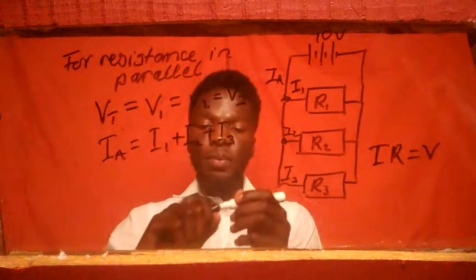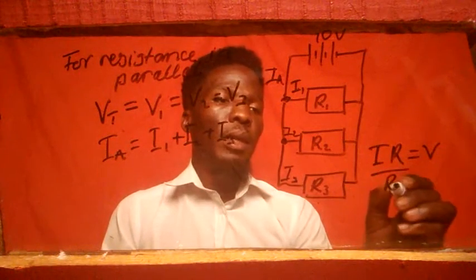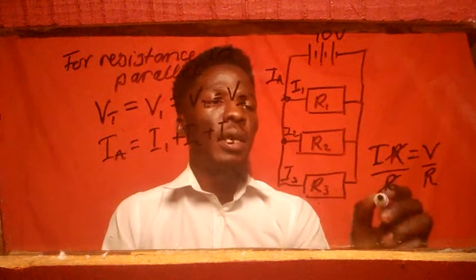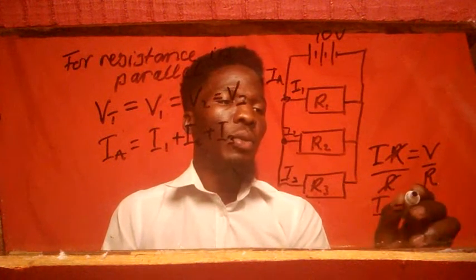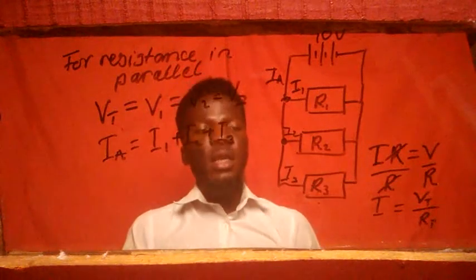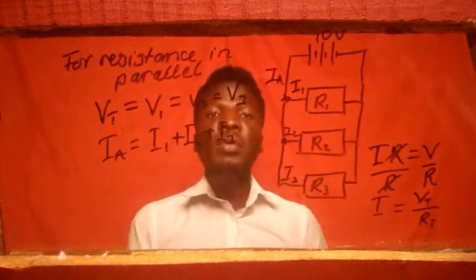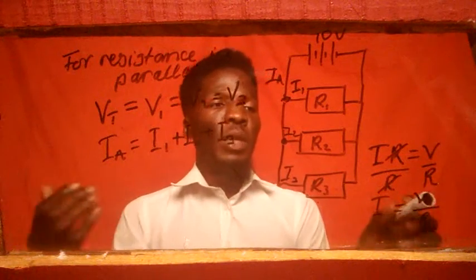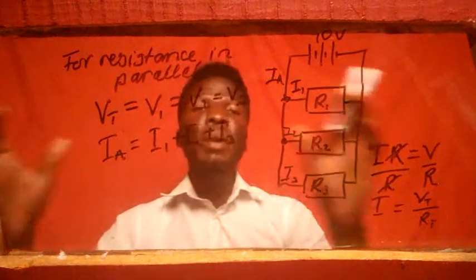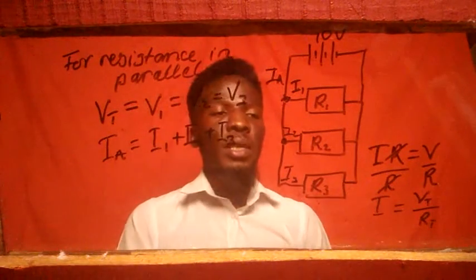So from here we can say, dividing by resistance, that current is equal to total voltage over total resistance. So basically we know that current is equal to voltage over resistance. It is this concept that we're going to fuse into this so that we come up with a formula that we can use to calculate the total resistance.